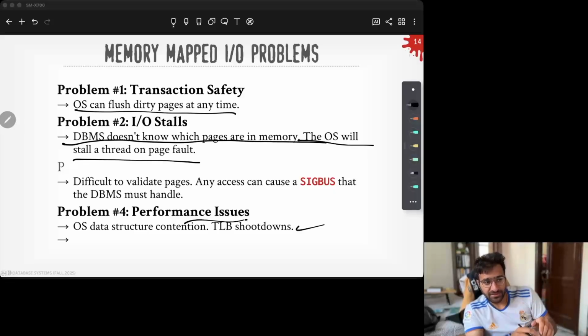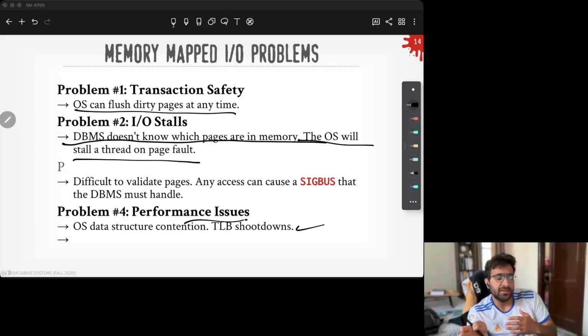Those addresses are cached in the TLB. So when you context switch, you flush those TLBs, and if you context switch too much, you might be incurring the overhead of TLB shootdowns, where your TLB is being invalidated and other entries are being brought in. So you might do this very frequently.